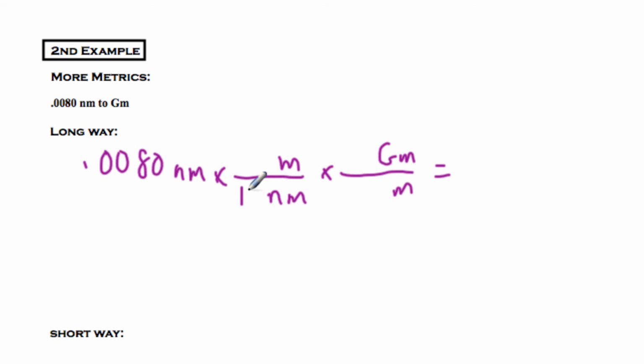Therefore, I like to think in terms of positive powers of 10. You don't have to. 10 to the 9th little guys, a whole bunch of little guys equals a big guy. And over here, a gigameter is, let's see, mega is 10 to the 6th, giga is 10 to the 9th. A gigameter is 10 to the 9th meters.